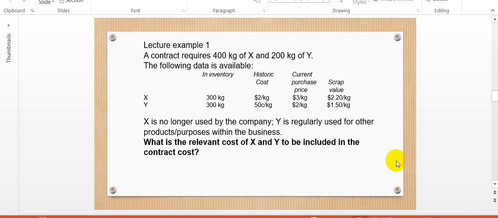Also in inventory, we have 300 kilograms of material Y, which has a historical cost of 50 cents per kg, a current purchase price of $2 per kg, and a scrap value of $1.50 per kg. X is no longer used by the company. Y is regularly used for other products or purposes within the business. So we're required to compute the relevant cost of material X and Y to be included in the contract.